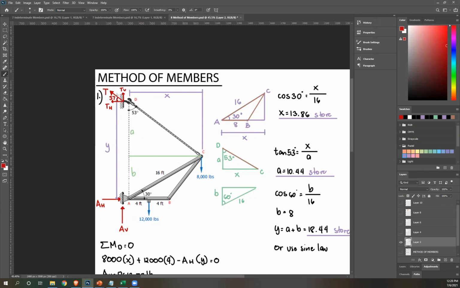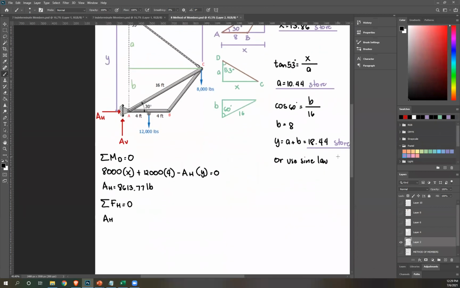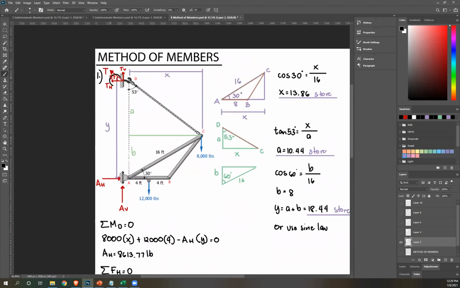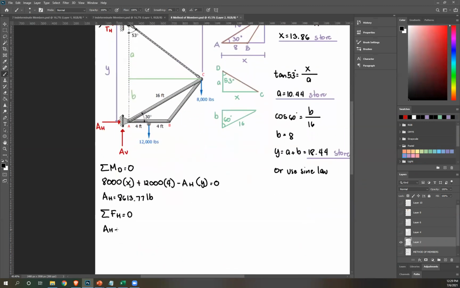Okay? So therefore, the horizontal component is T cosine 37. So it's horizontal. To the left, right? To the left, therefore negative. So negative T cosine 37, equate that to 0. I already know AH is this, sub that here.